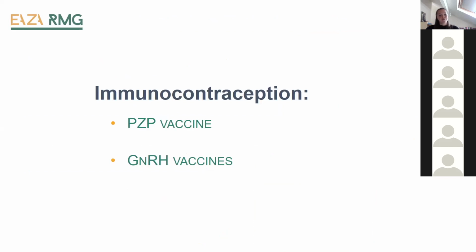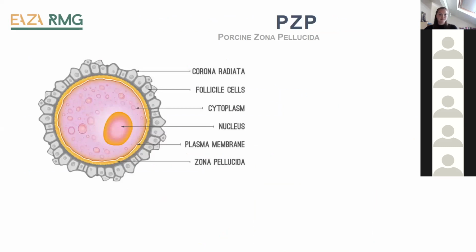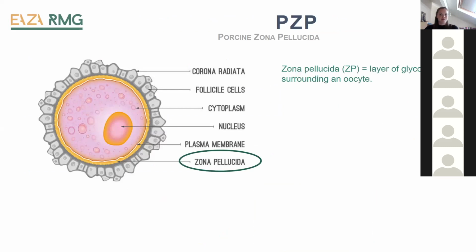We then also have immunocontraceptives. So the first one is PZP vaccine, so that's porcine zona pellucida. And the zona pellucida is a layer of glycoproteins surrounding the oocyte, and this is what the sperm needs to bind to in order to fertilize the egg.